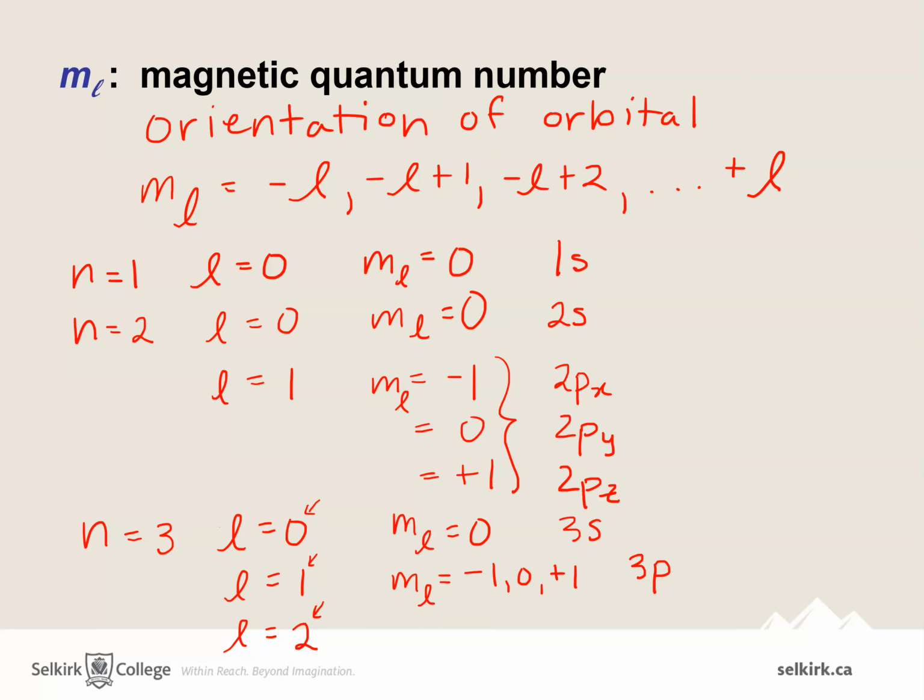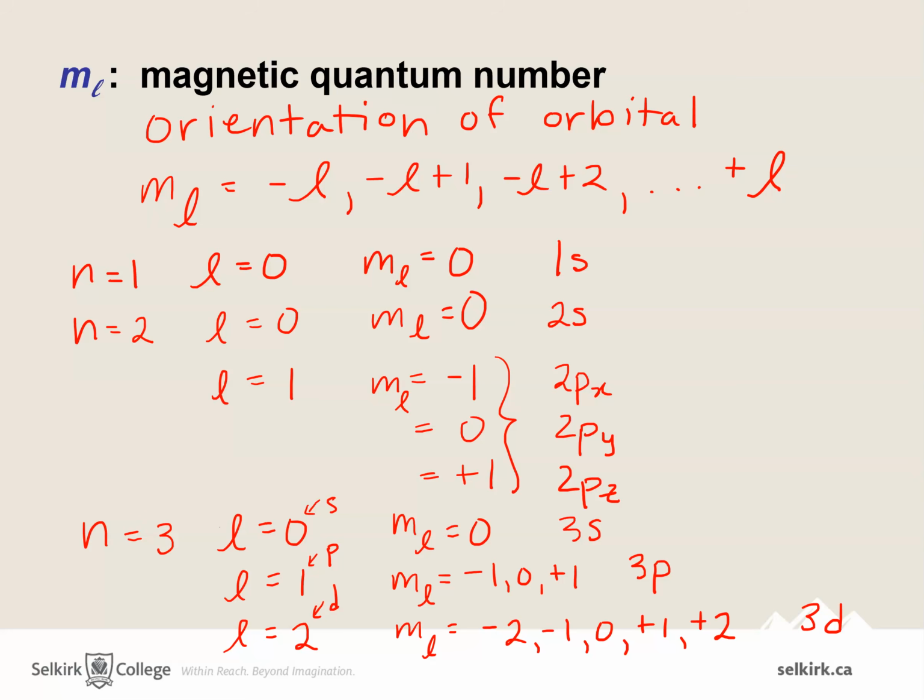And finally, when L equals 2, when we've got the 3d orbitals, ml can be anything from negative 2 to positive 2. How many labels did I make? 5 of them. How many d orbitals in a set of d? 5 of them.